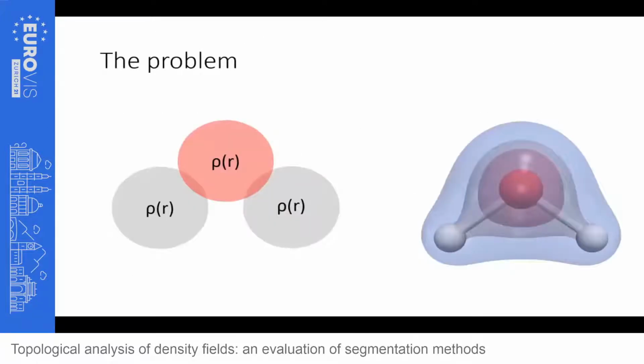So, to summarize the problem, we have a cloud. We have a method which determines the charge density in this cloud, and you have some overlap of the charge density between the atoms. And we want to see how you can divide these areas between the different atoms.